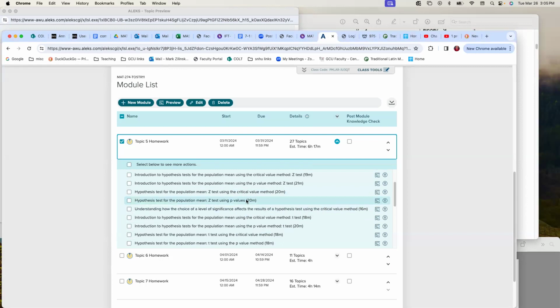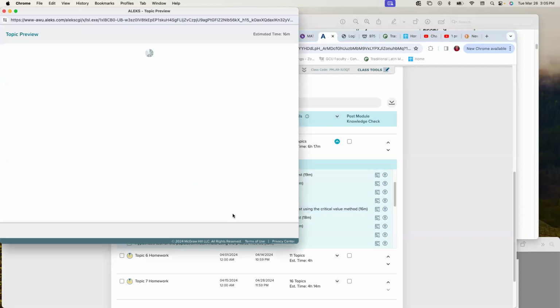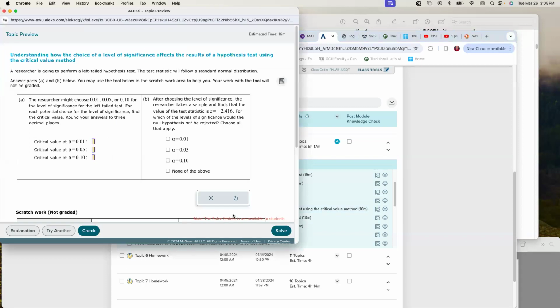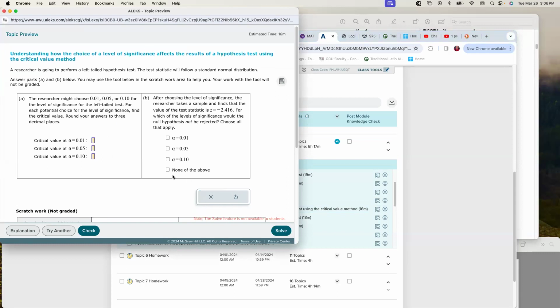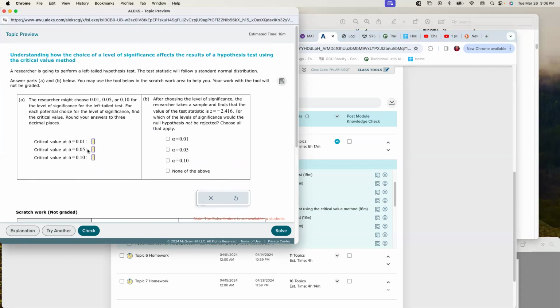So let me go ahead and do this one here, and then that'll be it. And we'll have some good examples here to help you through this assignment. Okay. I'm going to look at this one real long, but it says there's scratch work down here. So we're going to come up here and mess around with some stuff, and we may take a look at our template also, just to see.